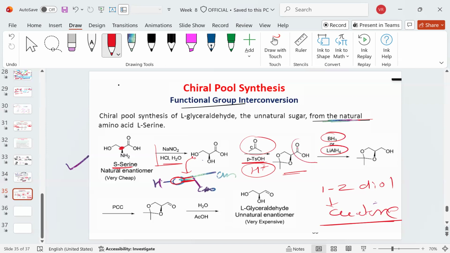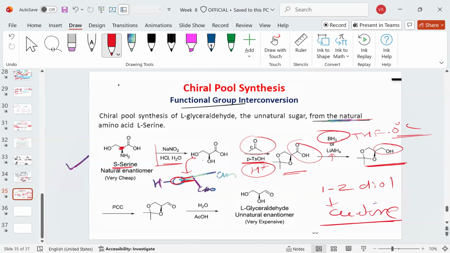the BH3 or the LiAlH4 reduction. Basically, when we have also seen the reducing reagents, I have already covered, if you want to reduce the acid, this BH3 is the best reagent. So we have reduced this acid to alcohol directly by using the BH3 in the THF solvent at 0 degrees Celsius, right? Or we can also use this LiAlH4.